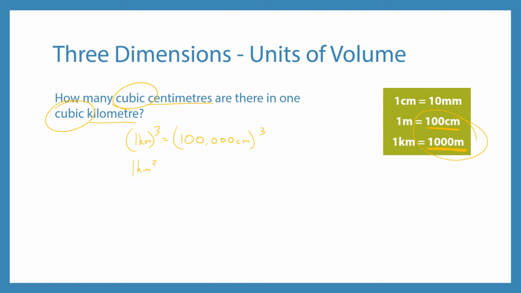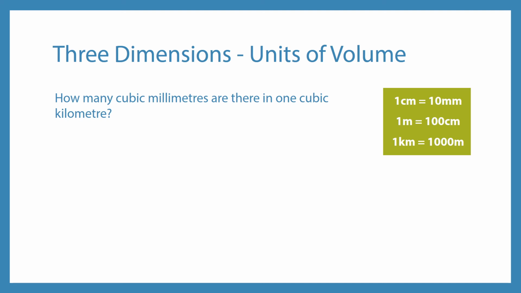We get 1 cubic kilometer equals 100,000 times 100,000 times 100,000, or we're going to get 15 zeros. So we get that number of cubic centimeters. So 1, 2, 3, 4, 5 sets of 3.